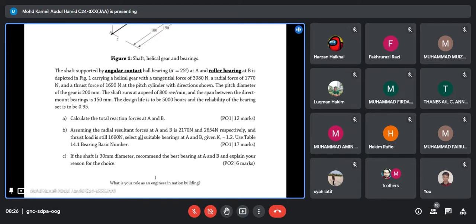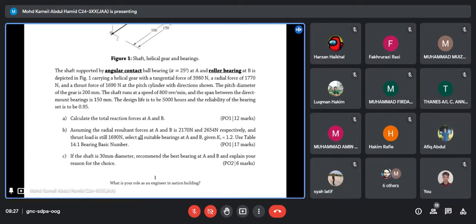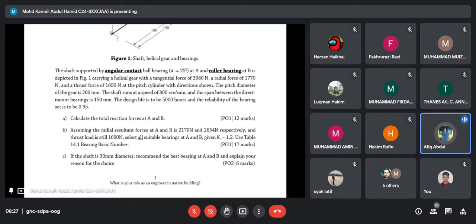Okay. What is the forces, the thrust force, the thrust load on the roller bearing? Afiq Abdul. Ya tu. What is the value of the thrust load for roller bearing? Plus was 1,690 Newton.